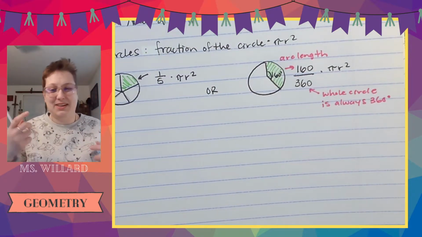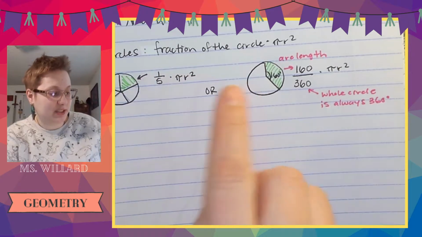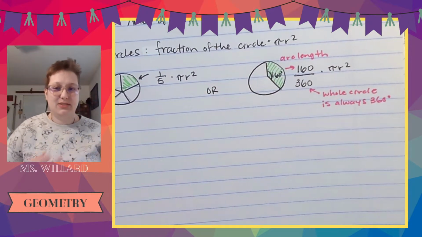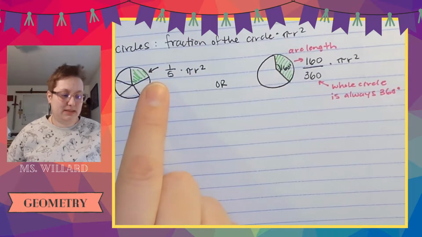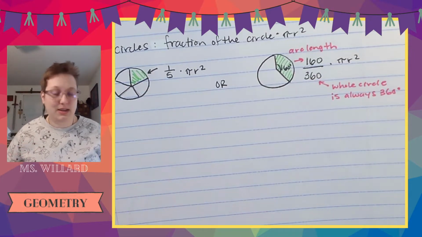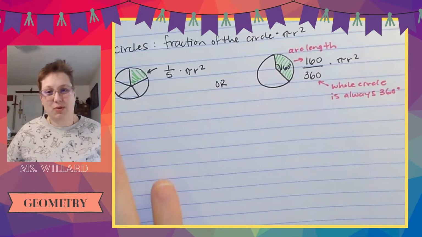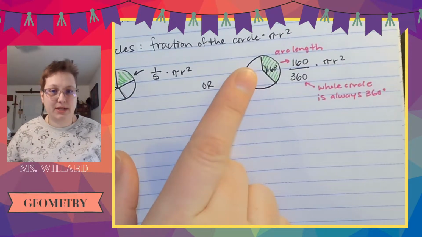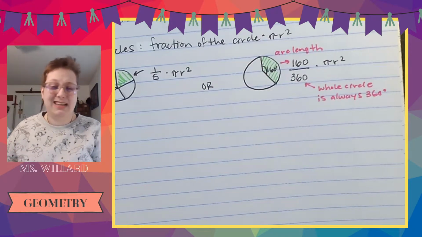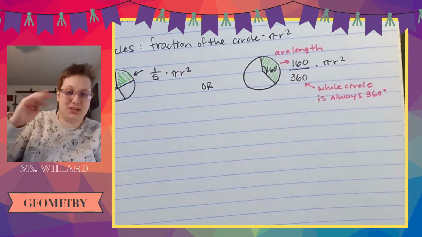So the other option, sorry, I already said this, is arc length, which is this section over the whole circle, which is always 360. So 1/5 would be whatever a fifth of 360 is. That would show you the same arc length. Now, I want to just warn you, arc length can show you down here, or it can show you like out here, but it's the same number both ways, because degrees is how much you've changed, not a distance.